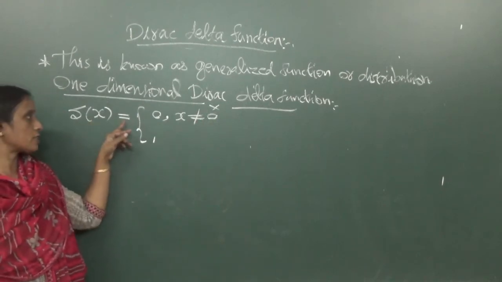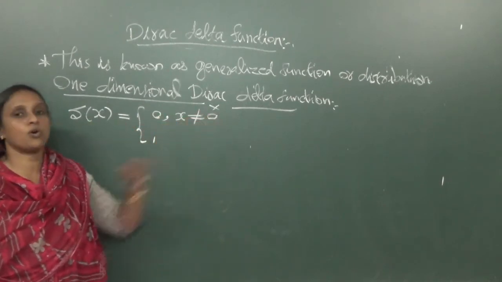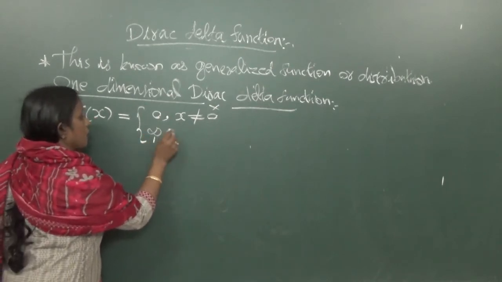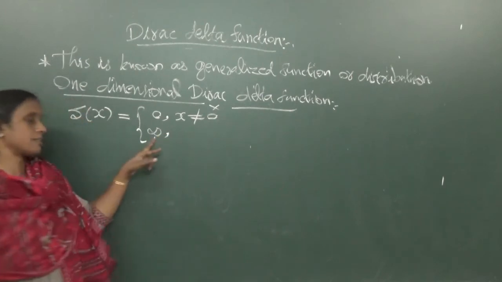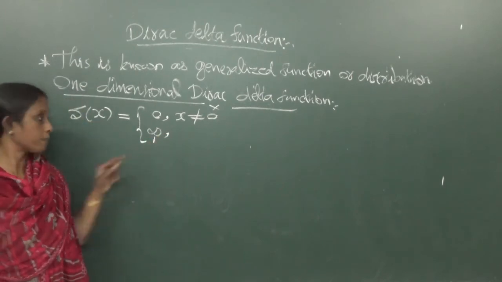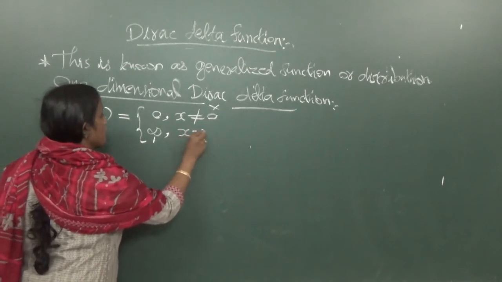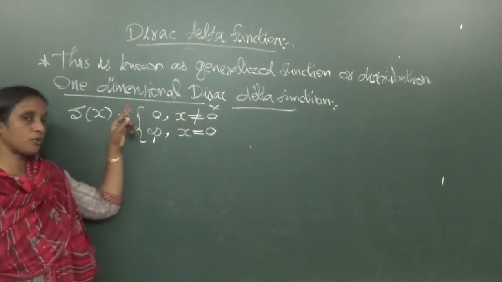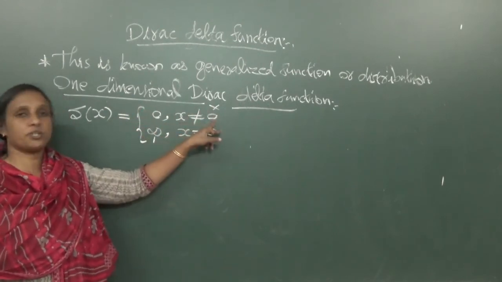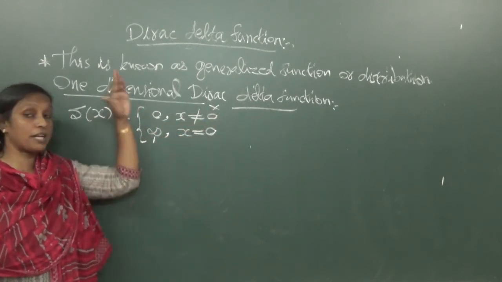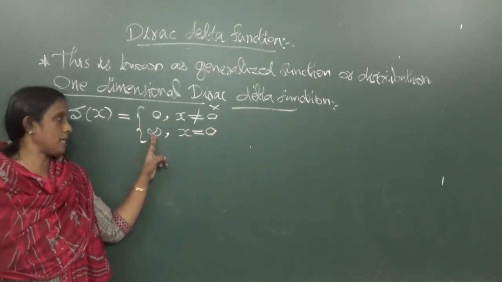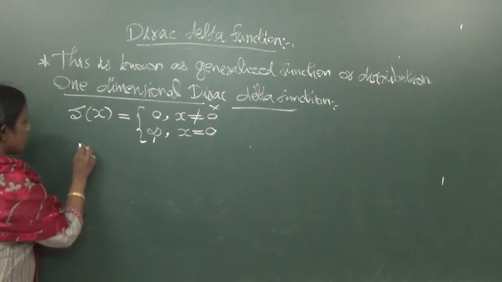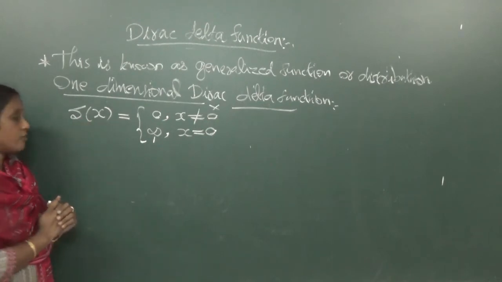Delta of x equal to 0 for x not equal to 0, and delta of x at x equal to 0 is a very high value or infinity, and the area under this curve is unity.